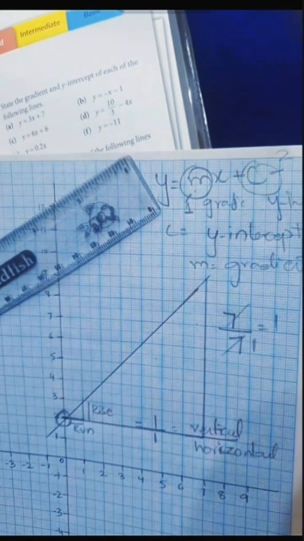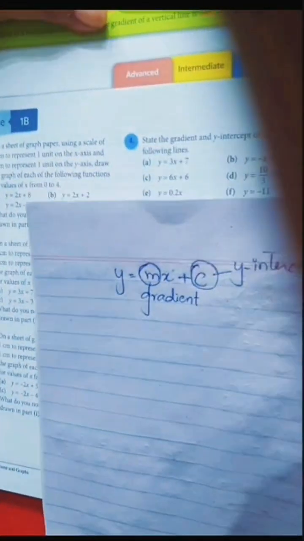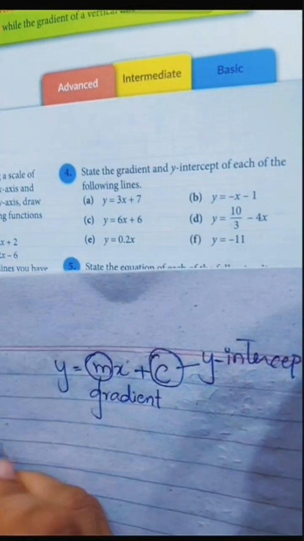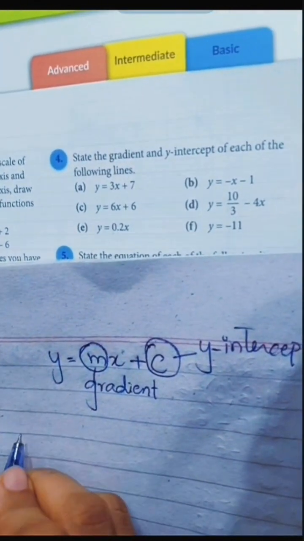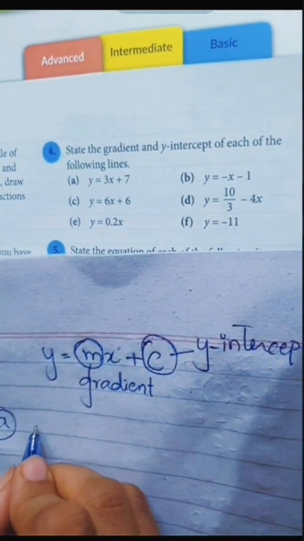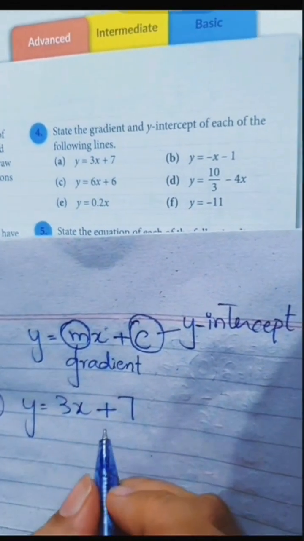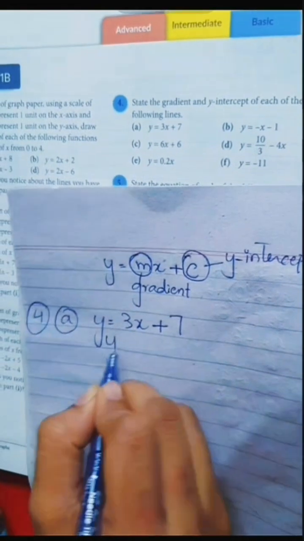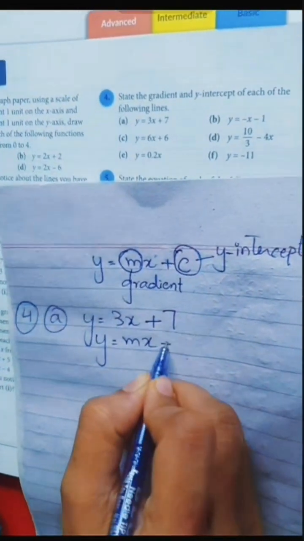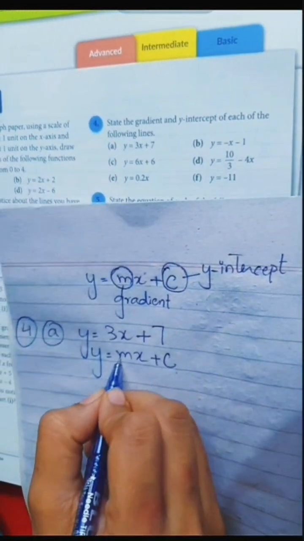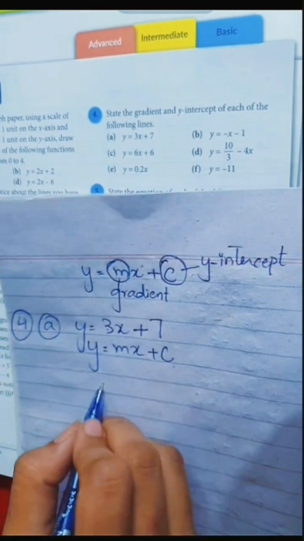So you can easily write down the gradient of the line from the equation. It is already written. So what is our question? Our question is, it's question number 4. Question number 4, our equation is, first equation is y is equals to 3x plus 7. In this line, when we write down the formula y is equals to mx plus c, so the value of m or gradient is 3.